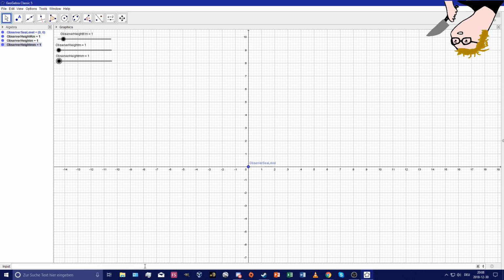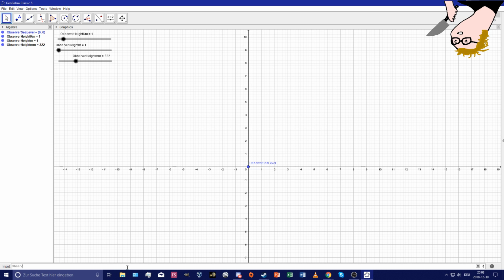Okay, so where's our observer? Our observer will be at a position of x equals 0, obviously. But what's our y value? Well, we've set the observer height in kilometers. Not this. There we go.